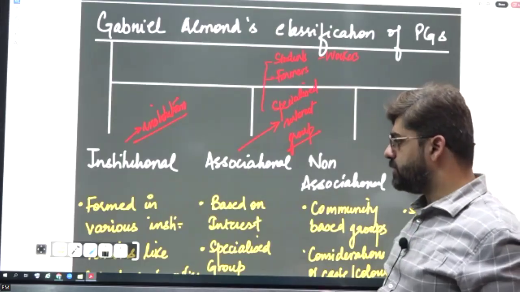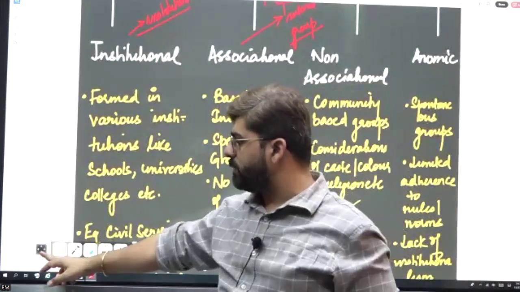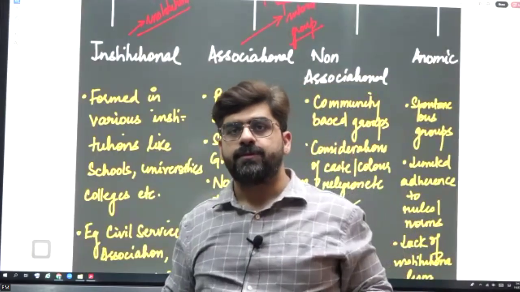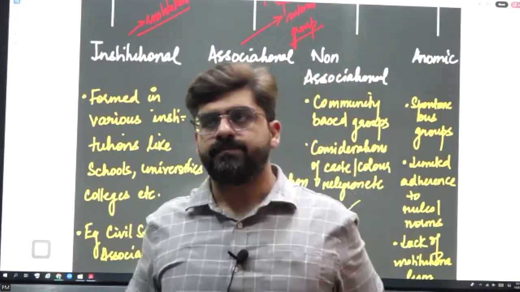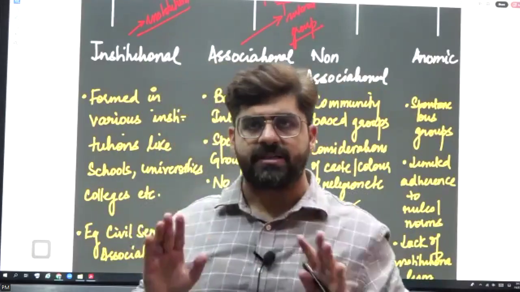What are institutional pressure groups? These are those pressure groups which are formed in various institutions. So those pressure groups which will be formed in, let's say, universities, or within the administration itself.